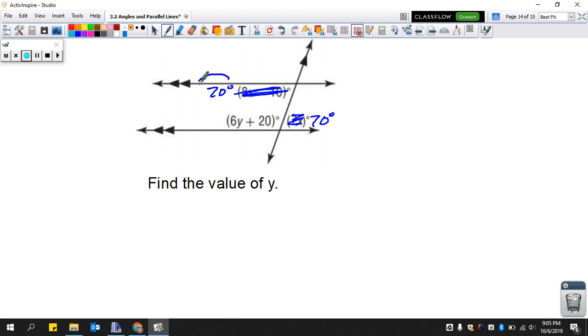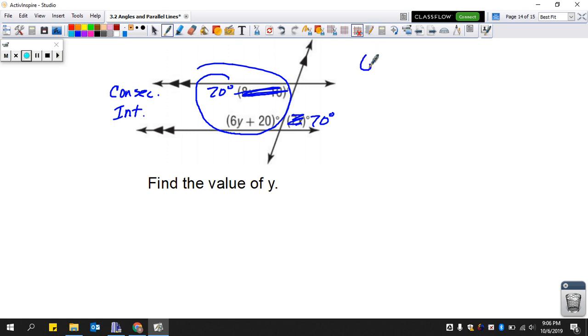But because the lesson is parallel lines and how they interact, we're going to use this. These are interior angles and they're on the same side. So these are consecutive interior, okay?